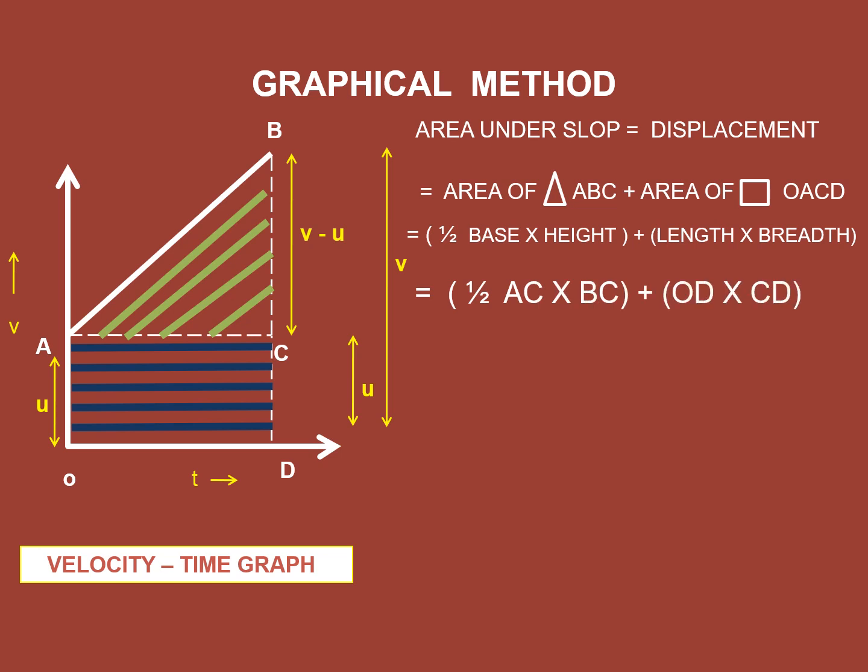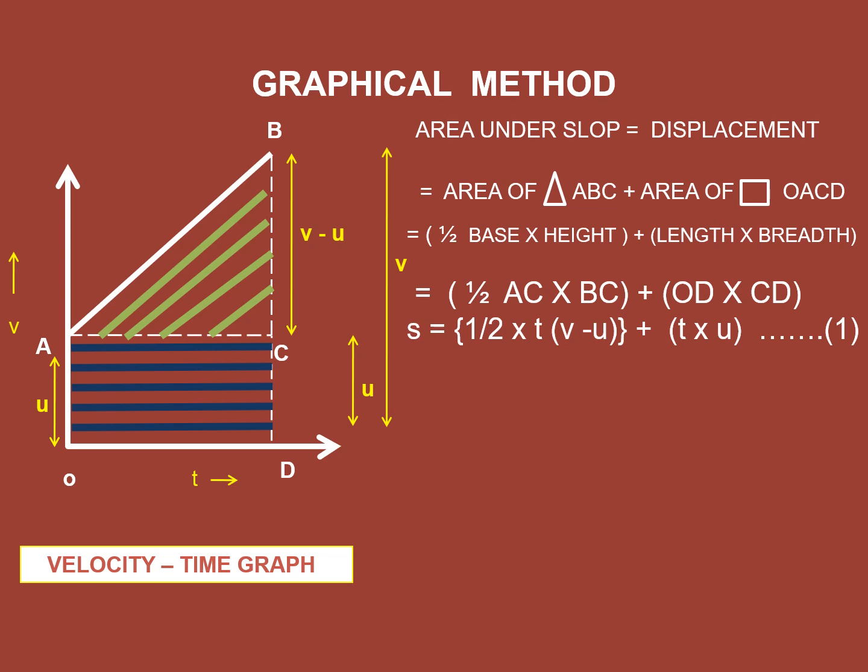The base of the triangle is BC and height is AC, so it becomes half AC into BC, and for the rectangle, length is OD and breadth is CD. Now, as we have already seen, placing the value of AC equal to t, BC equal to v minus u, OD again t and CD as u, we get this equation.